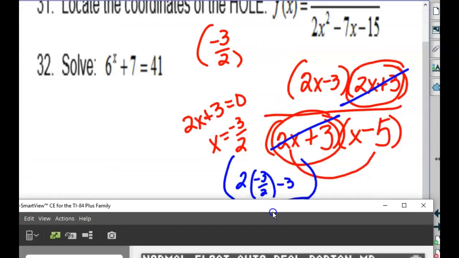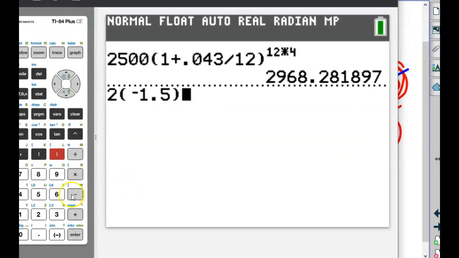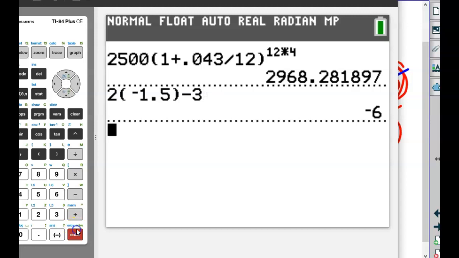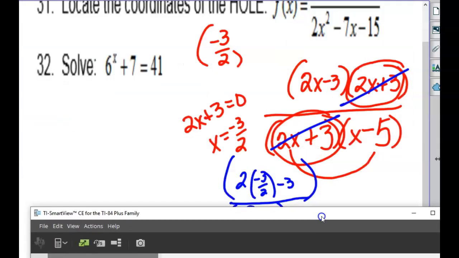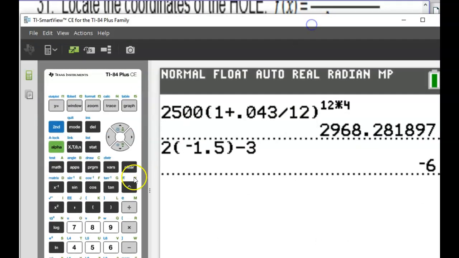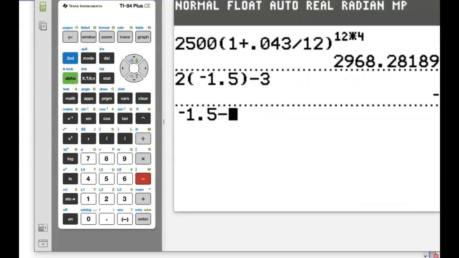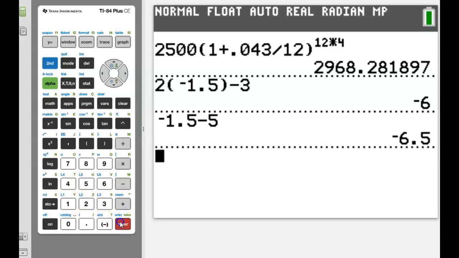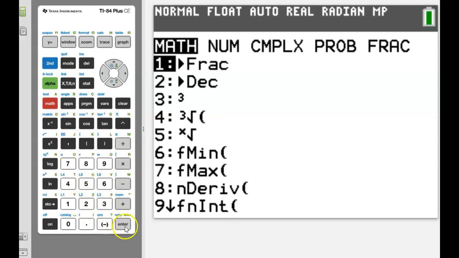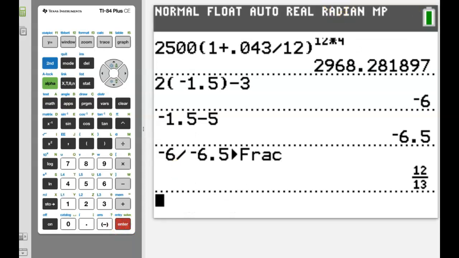And then it was minus 3. And the denominator was just negative 3 halves minus 5. So I have negative 6 over negative 6.5. Math, enter, enter, is 12/13.